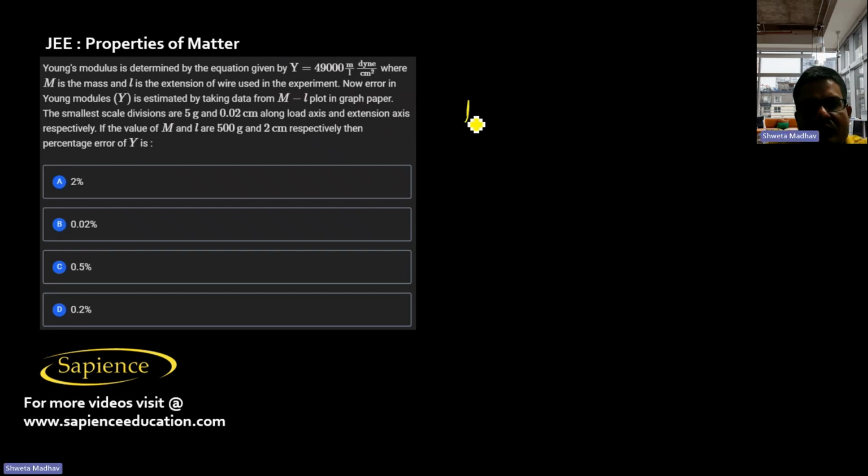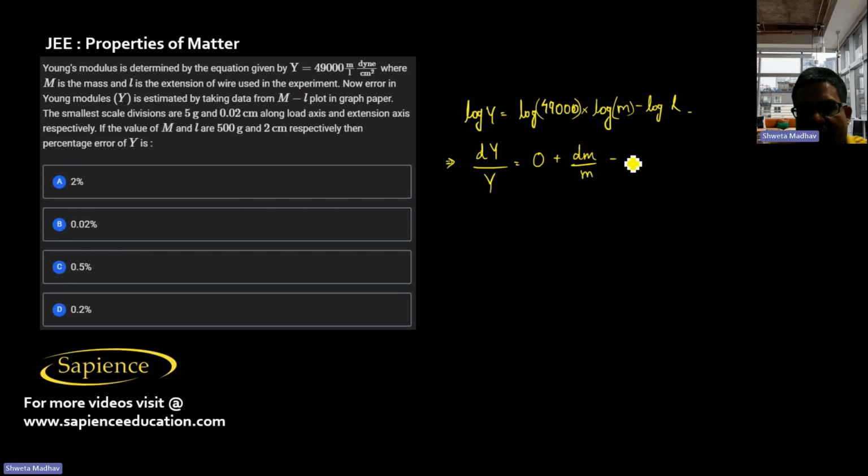So if you take log on both sides, log Y is equal to log 49,000 plus log M minus log L. Now if we differentiate, this will be dy by y equal to 0 plus dm by m minus dl by l.